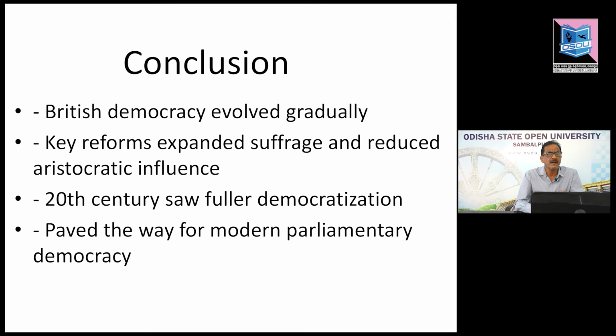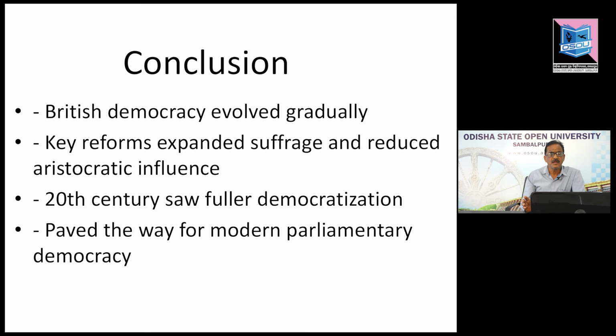Since the time of Magna Carta in 1215, and through the 1832 Reform Act to the 1918 Act, it has crossed several steps to reach a final stage of democracy. And it is now a complete democracy, we can say, with almost all the power vested in the hands of the people or representatives chosen by the people.